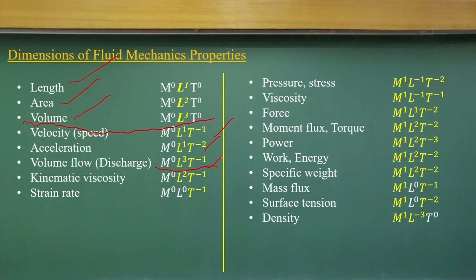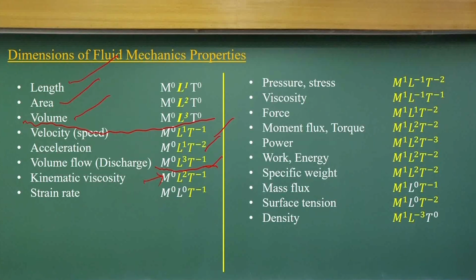Then we have come to the two different parts. One is kinematic viscosity, as we discussed in Newton's law of viscosity, that it is independent of mass. So, you can understand it has dimensions of length and time. Similarly, the shear strain rate is also independent of mass and length.